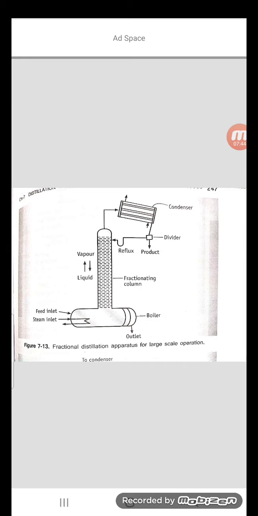This in detail again I will explain to you in the offline class, how it's going to work, because here the liquid starts to boil in the feed inlet, means it will go in between the fractionating column. At the same time the liquid which has cooled down in the fractionating column will be coming back again to the still, because the mixture of liquid will be there. That's given here in detail that you are going to study.